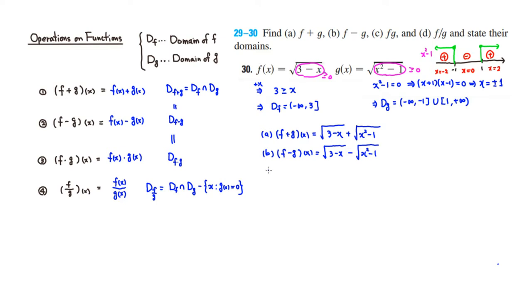Alright, and the C, F times G, so FG of x is equal to, you just multiply those together. So you have the square root of 3 minus x times the square root of x squared minus 1. I guess if you want, we can put it under the same square root, then multiply 3 minus x and x squared minus 1.